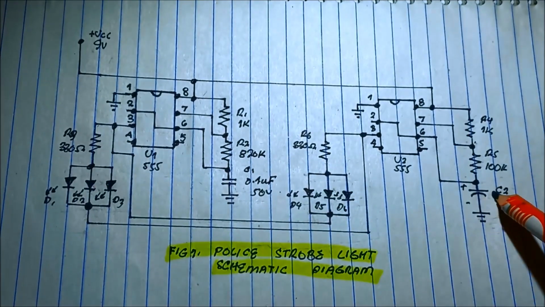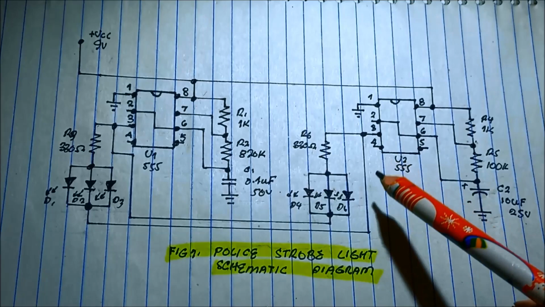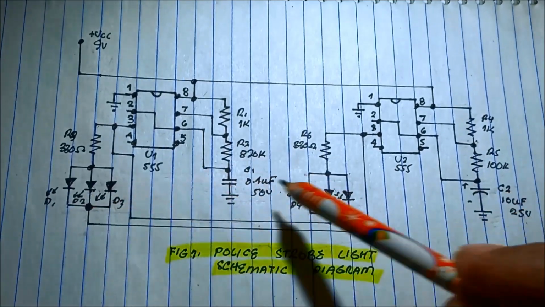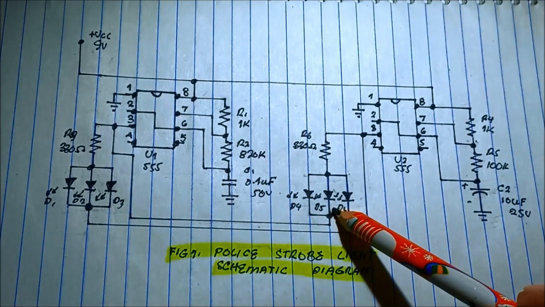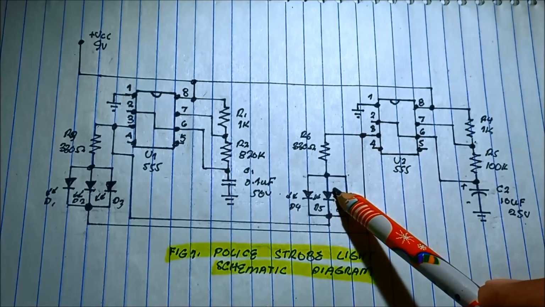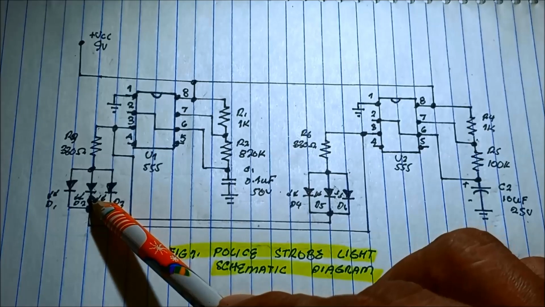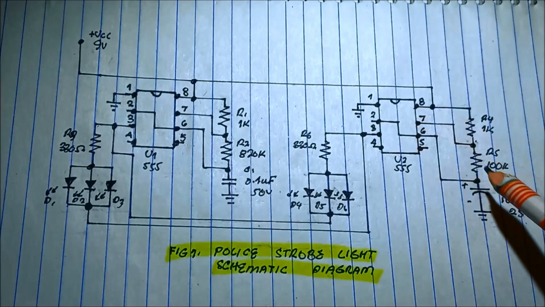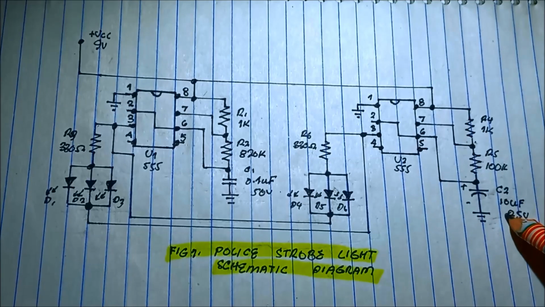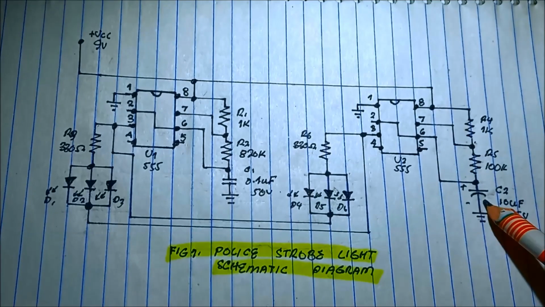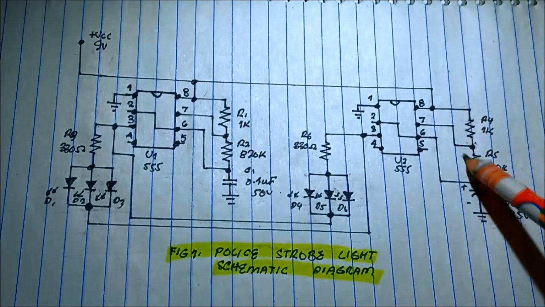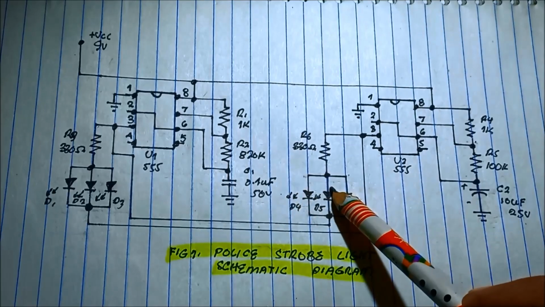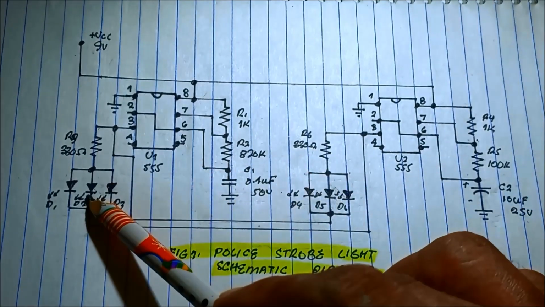This is the capacitor responsible for the toggling, the turning on and off of the two sets of LED, due to the oscillation or the frequency produced by this oscillator, the charging and discharging of the capacitor.